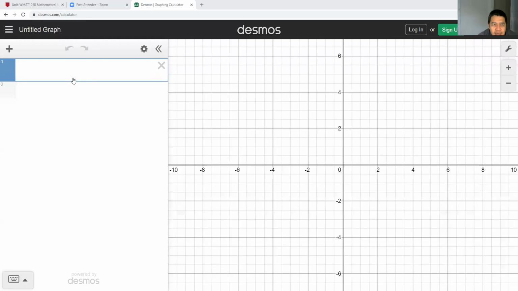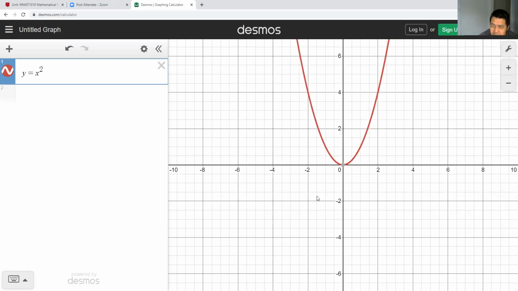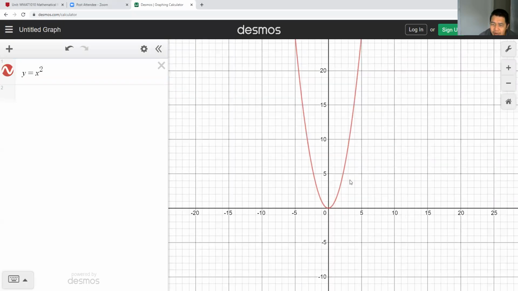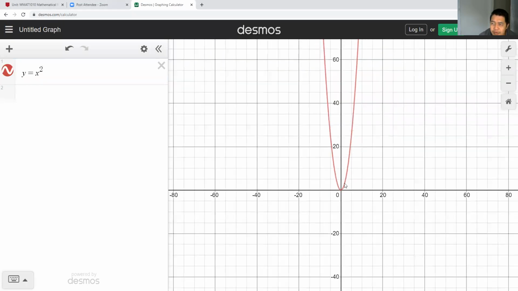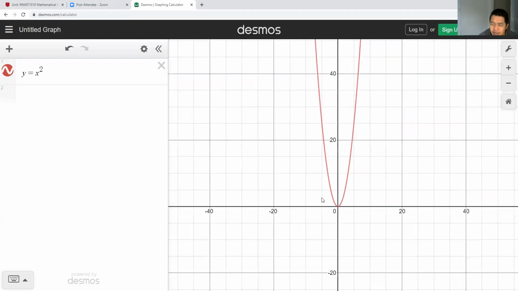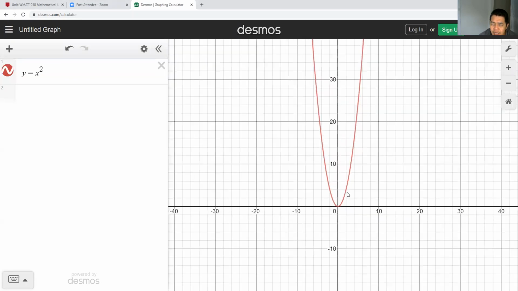Right. So the first thing I'm going to plot is y equal to x squared, which gives us the curve that we had before. This is called the parabolic curve, and if you zoom out, this is what you will see. It gives you a nice and beautiful parabolic curve, and it's symmetric. We'll talk about this property later in the next session.